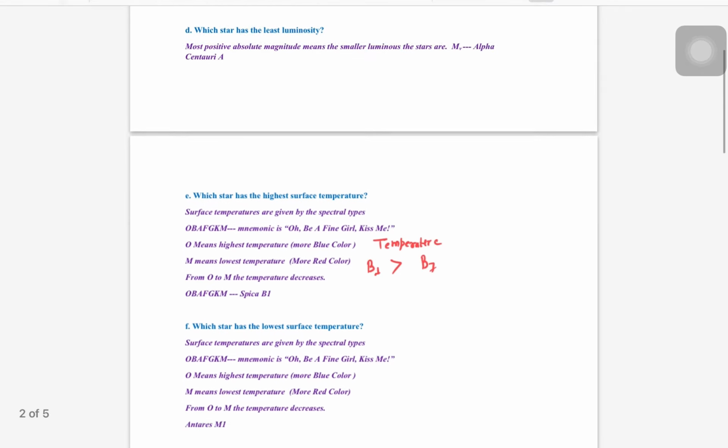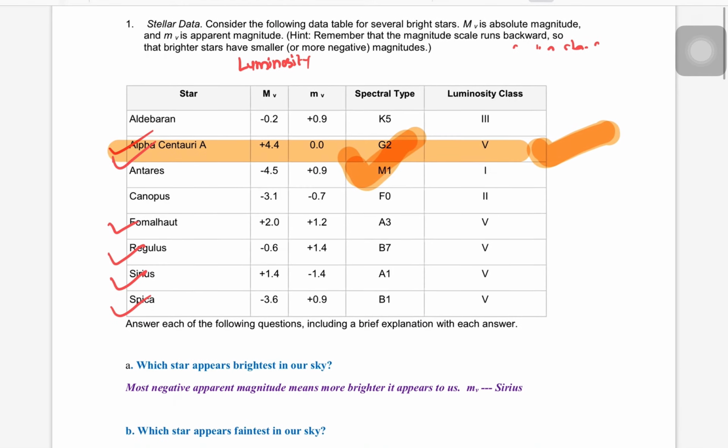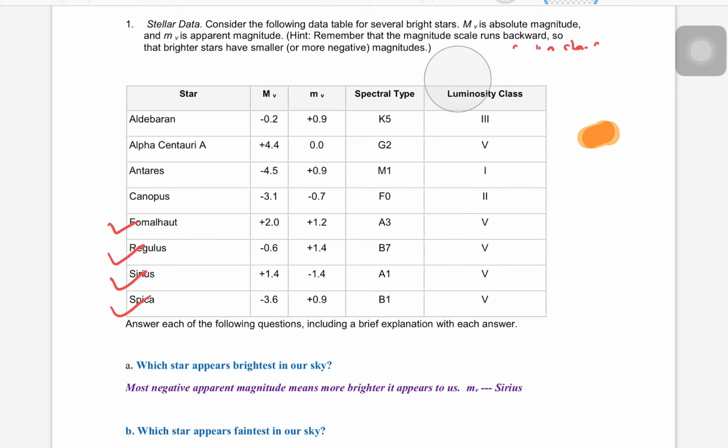So look at the table here. Which star falls into the I class? Looking at the luminosity class, the only star that falls in class I is Antares. So this is the supergiant.